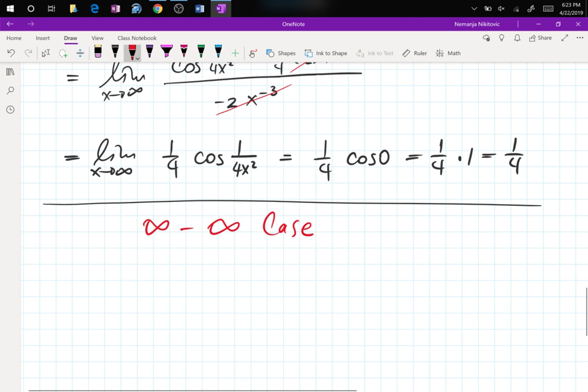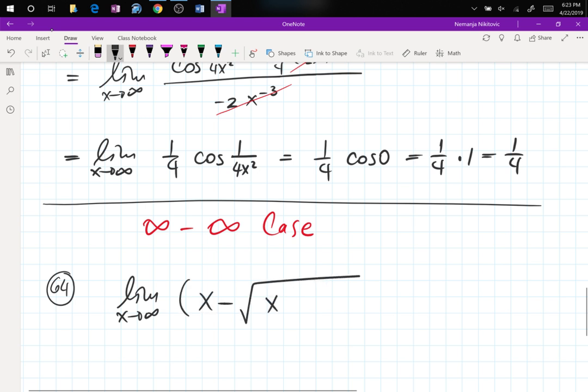Do you have anything in here? Oh, beautiful. All right. You're going to love to hate these kids. Problem 64 says, limit as x goes to infinity of x minus the square root of x squared plus 4x.